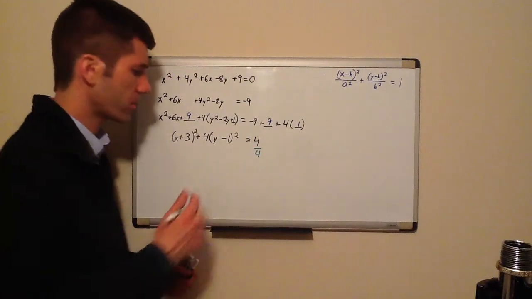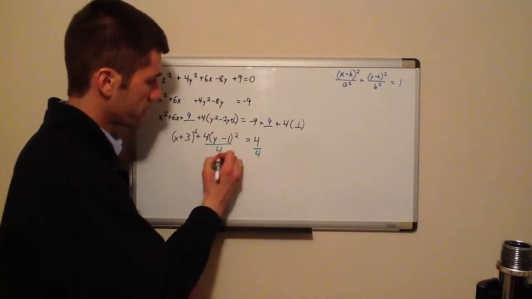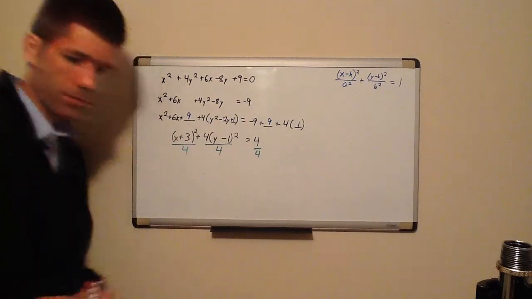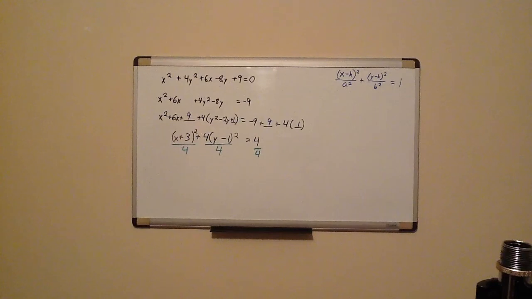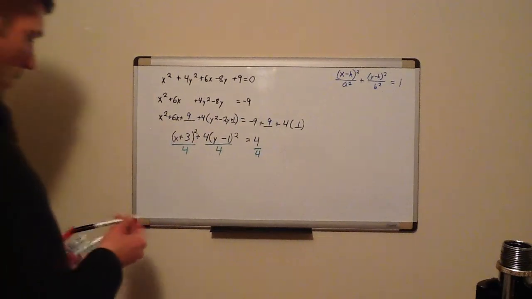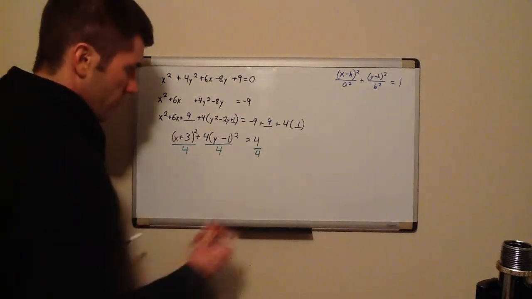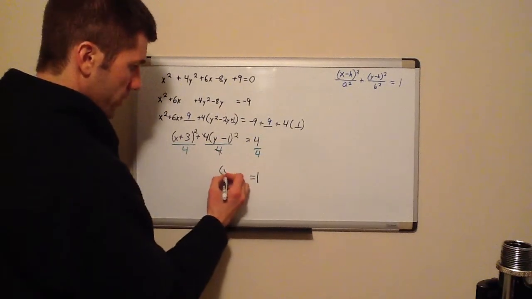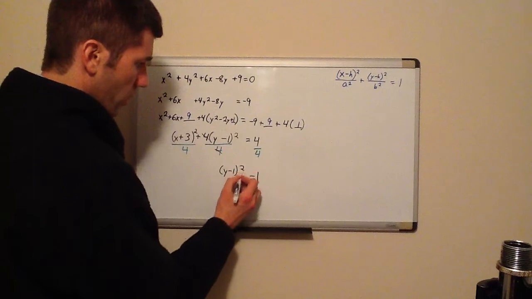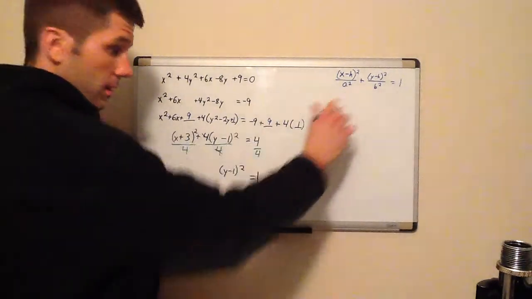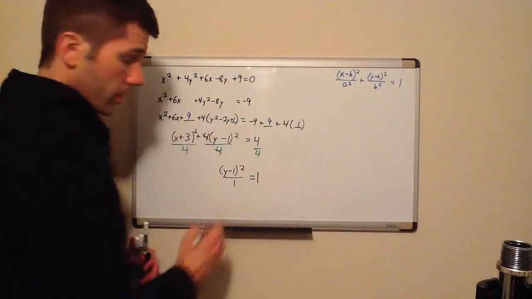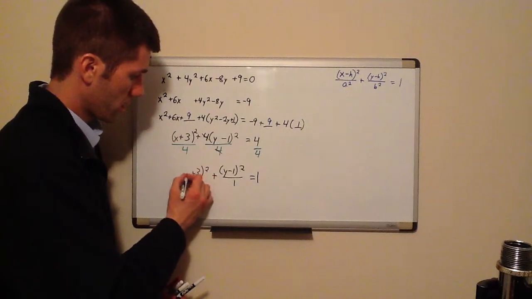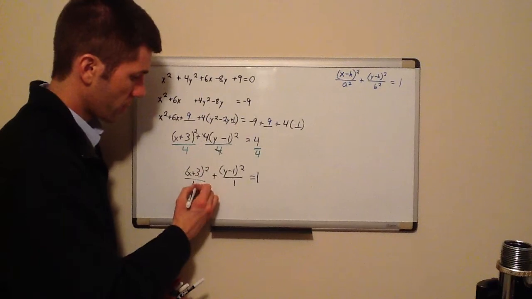No one knows what 0 divided by 0 is. There we go. So now what we have is 4 over 4, which is 1. These 4's cancel out. Divide out y minus 1 squared. And just to make it look like this, it's over 1. And that's over 4. Okay.